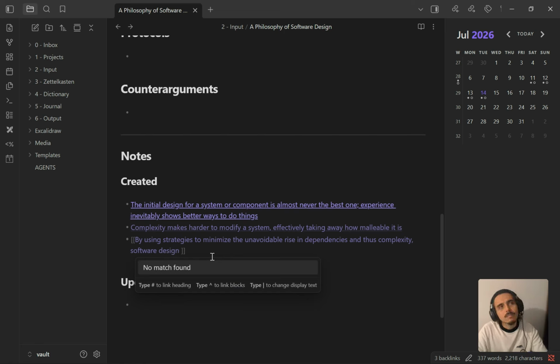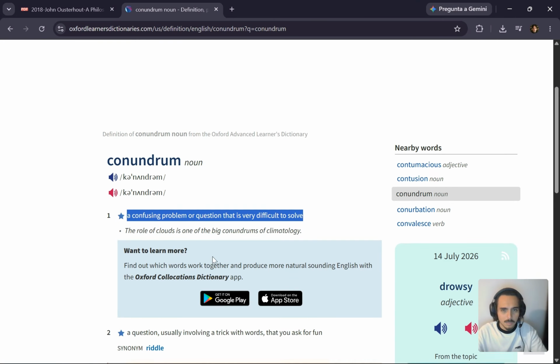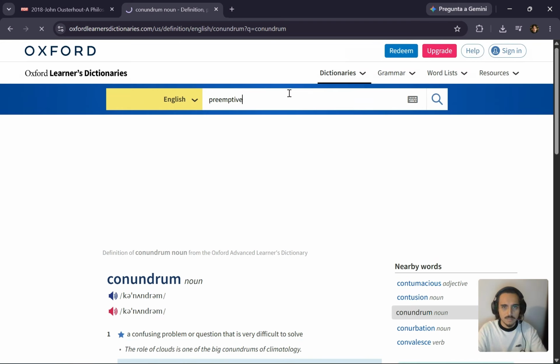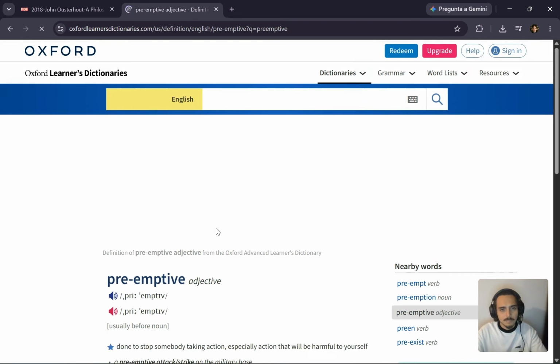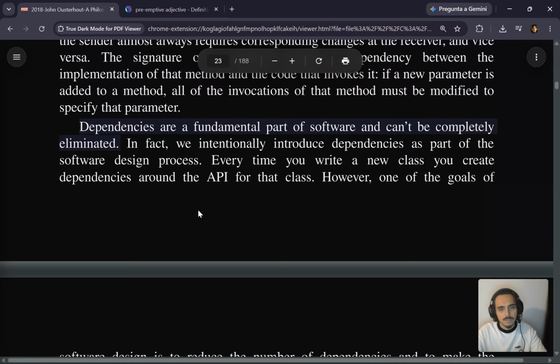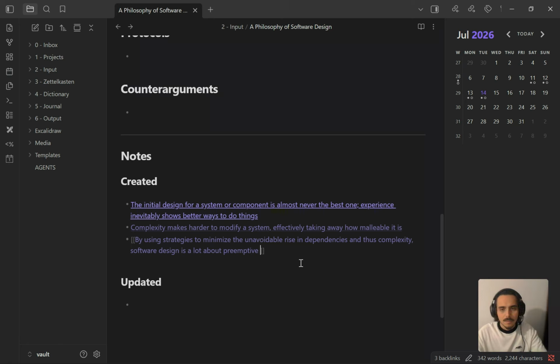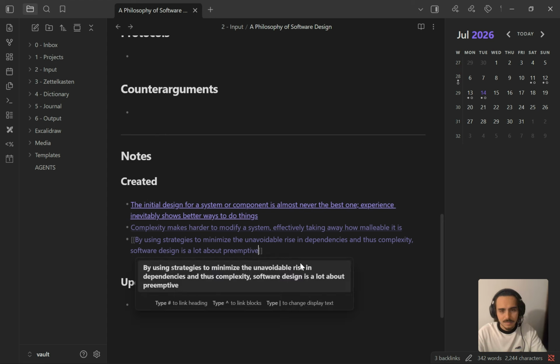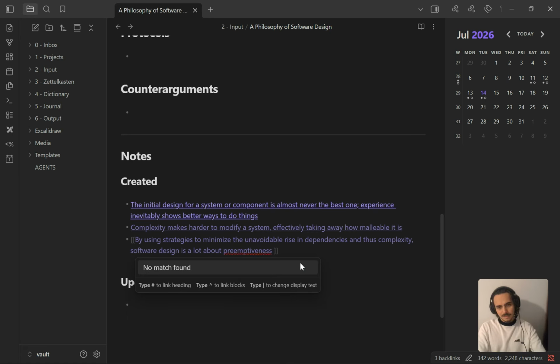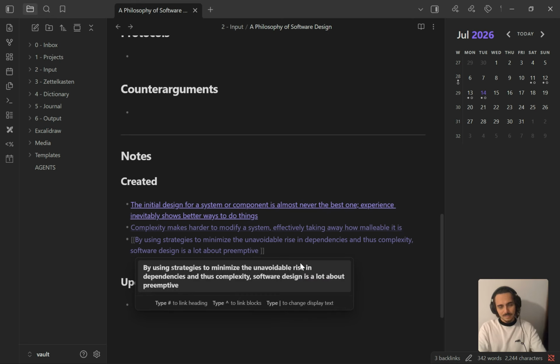Software design is a lot about preemptive... I don't know if this is the correct word. Preemptive. Yes. It's a lot about preemptiveness. No, preemptive.